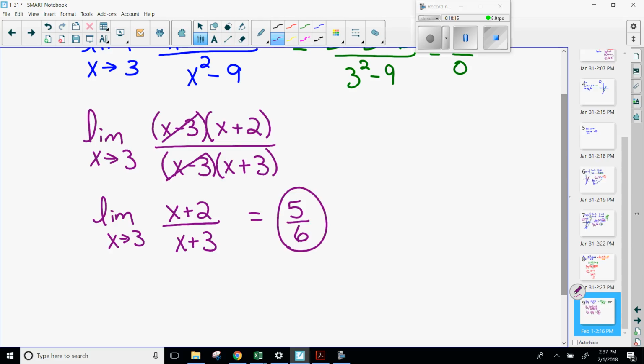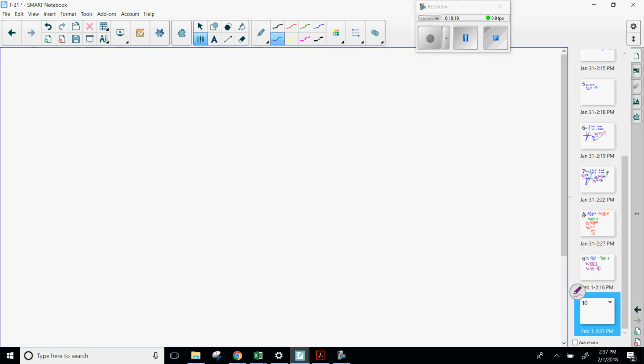Okay, the next thing. Now what I want you to do is turn the page and look at 52. Justify each step by appealing to one of the properties of the main limit theorem.